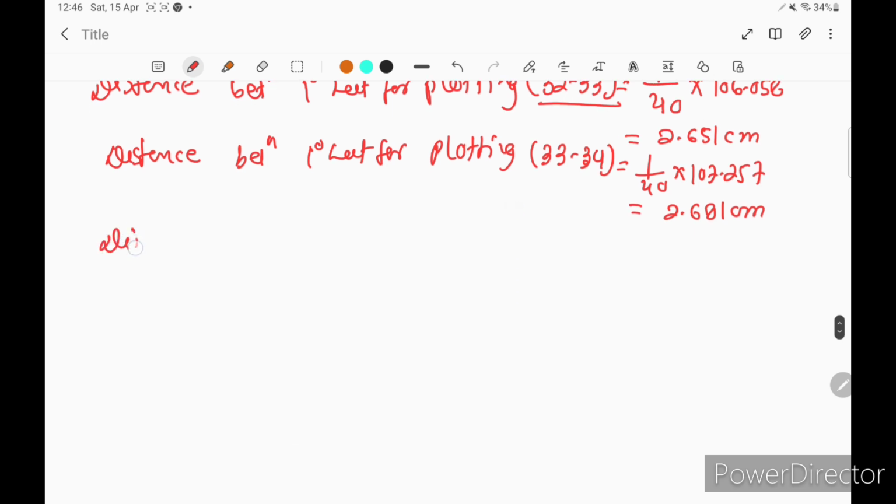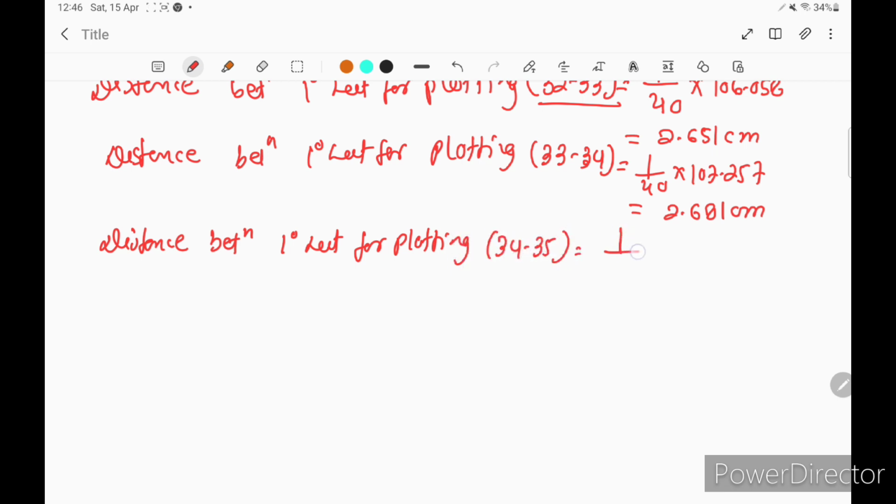Now we check 34 and 35: 1 divided by 40 into 108.605, so we get 2.715 centimeters.